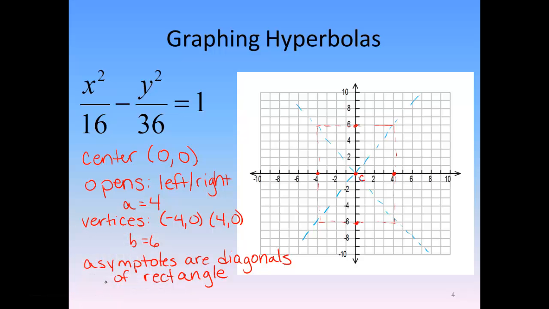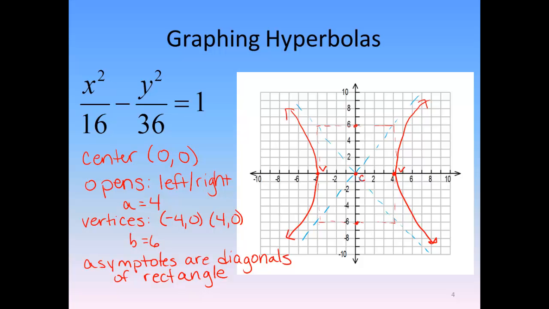Now when I go to graph this, I'm going to go side to side, so I'm going to ride along the asymptote, come and hit my vertex, and go along the asymptote. Do the same thing on the other side.